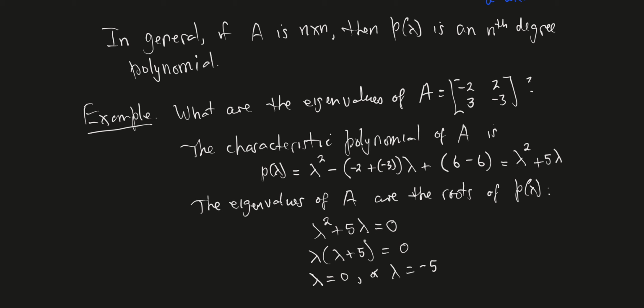And in fact, one of the roots in that case is always going to be lambda equals 0. And in fact, that's an important characterization of an invertible matrix. See, if the matrix is invertible, your determinant won't be 0, and then lambda equals 0 won't be a root.